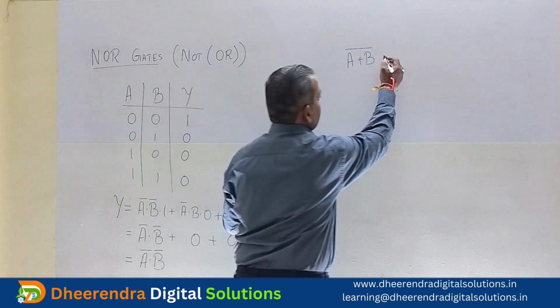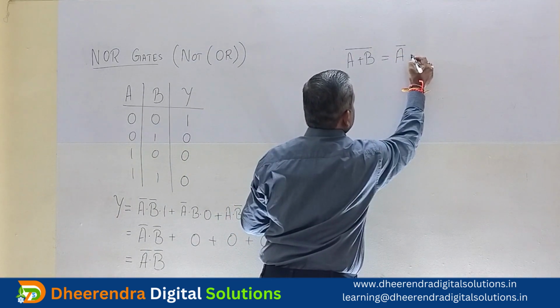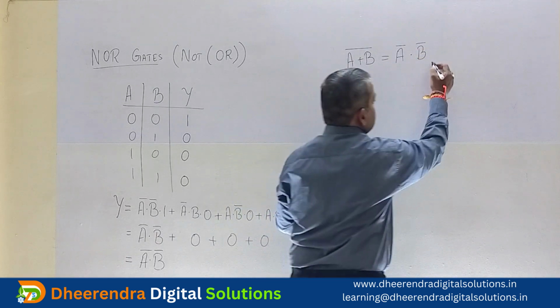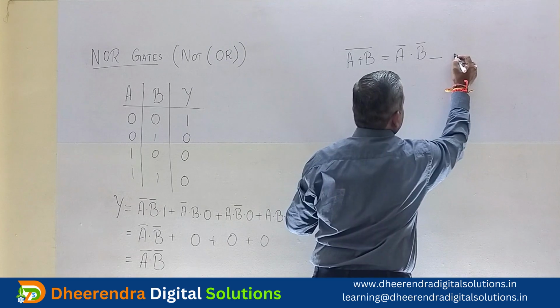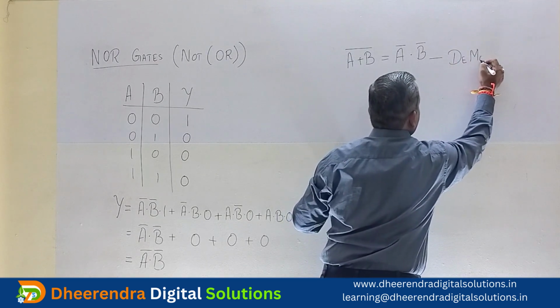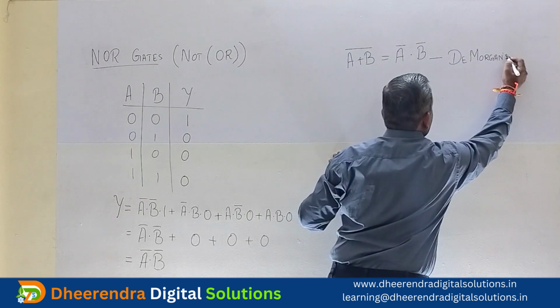So (A plus B) whole bar is equal to A bar dot B bar. Now this is again our second De Morgan's law.